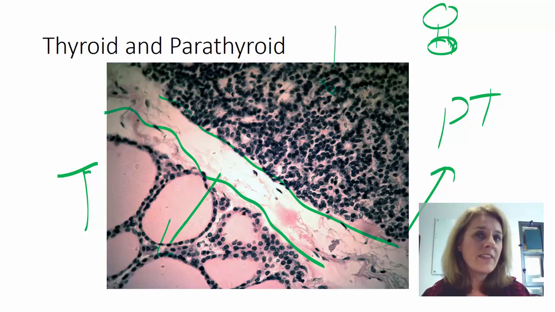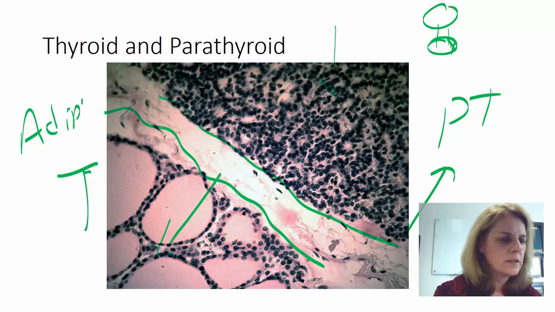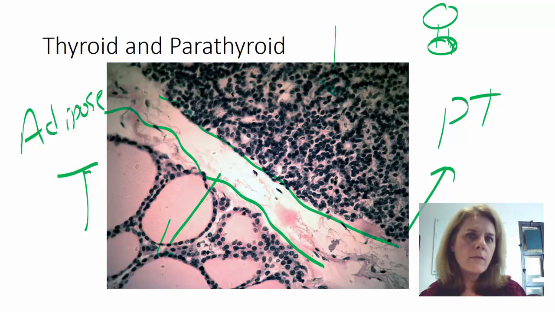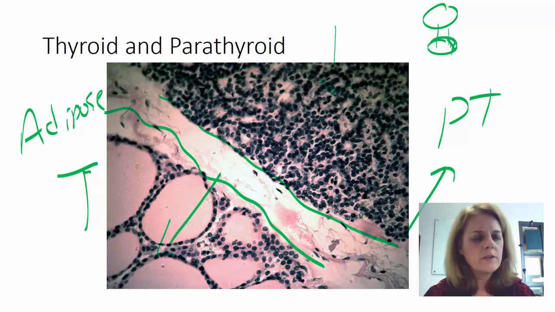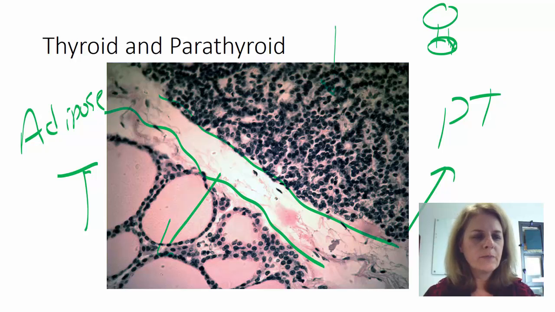The thyroid gland, to me, looks a lot like adipose. Remember the bubble wrap from 201? If you see something that looks a little bit like adipose, like big bubble wrap, that's a landmark again. That's going to be thyroid tissue.